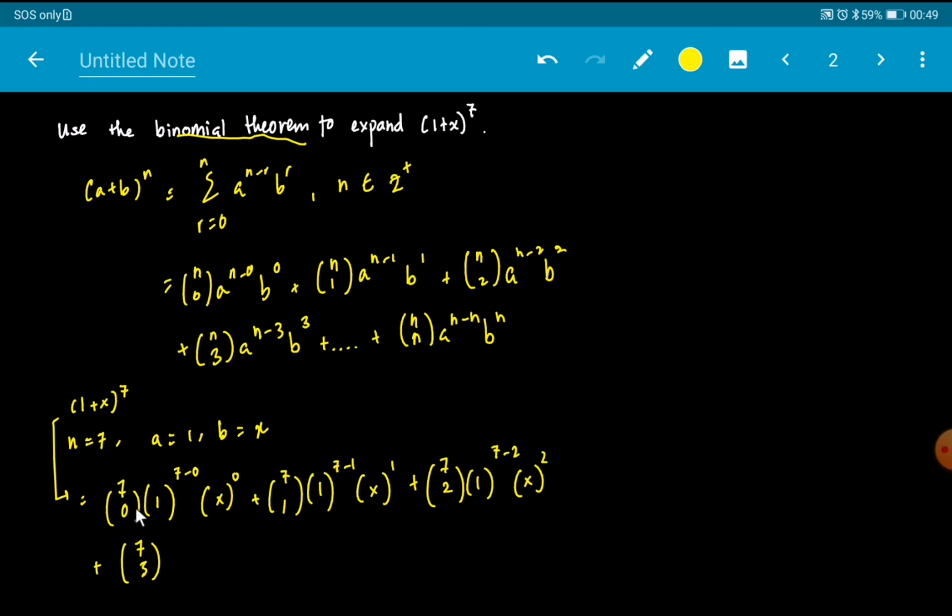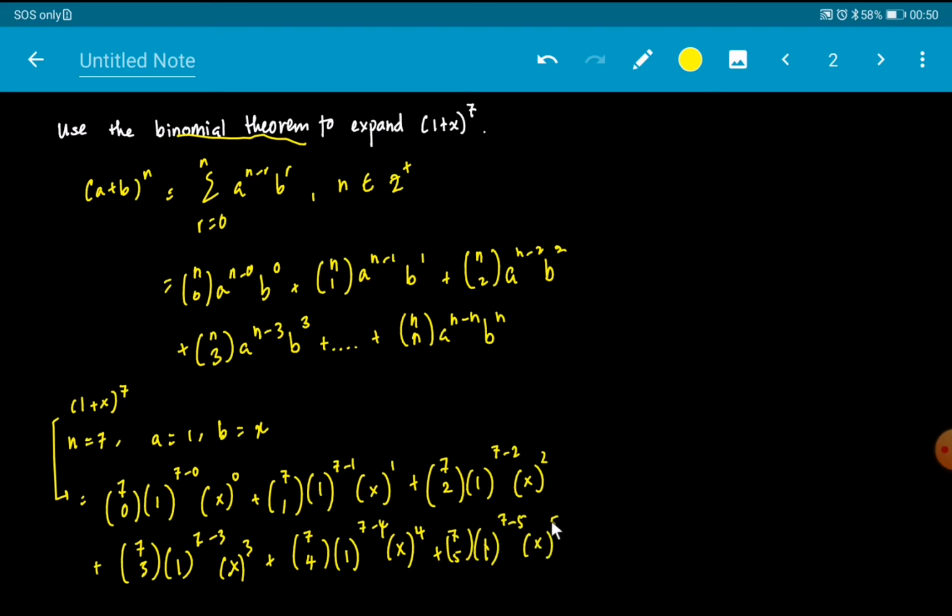Look at the pattern: 0, 1, 2, 3. This is 1^(7−3) times x^3, plus 7C4 times 1^(7−4) times x^4, plus 7C5 times 1^(7−5) times x^5.